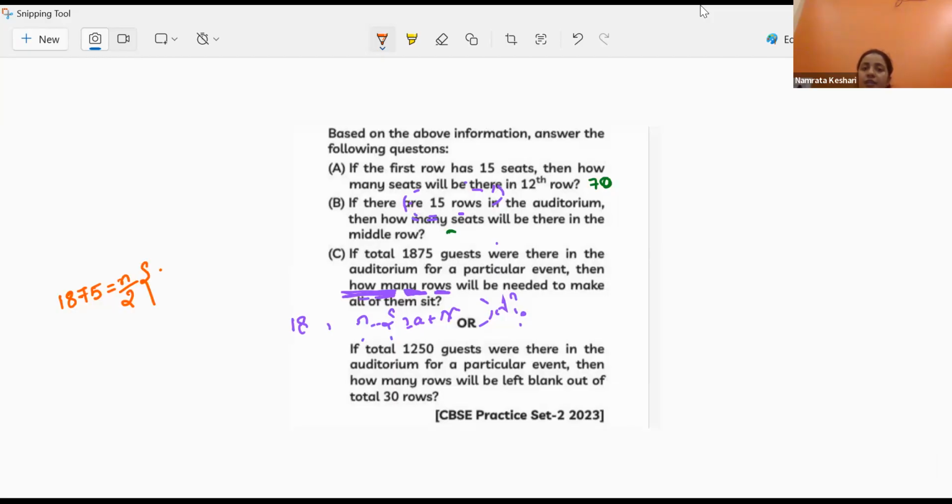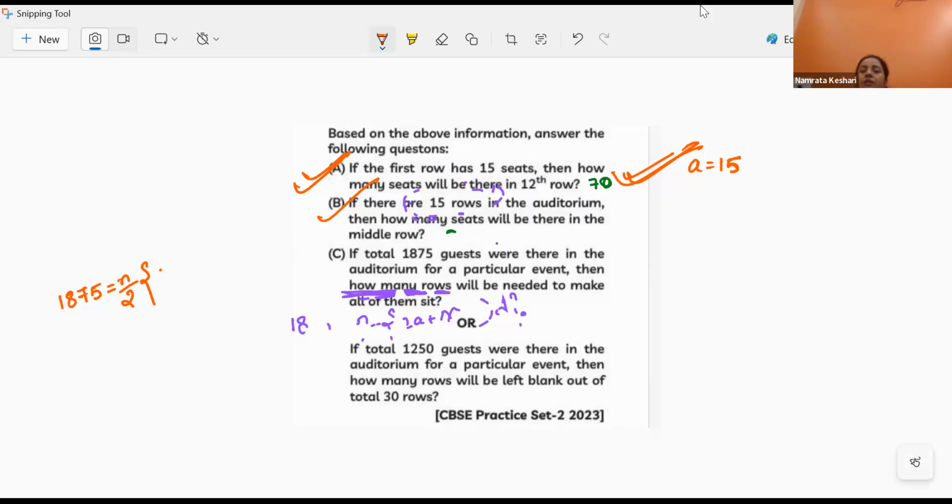See, I believe we need to take into consideration the data given in A and the data given in B. Then only the third part will be easier. We are taking the data given in A, that is A is 15, right? Yes, ma'am.